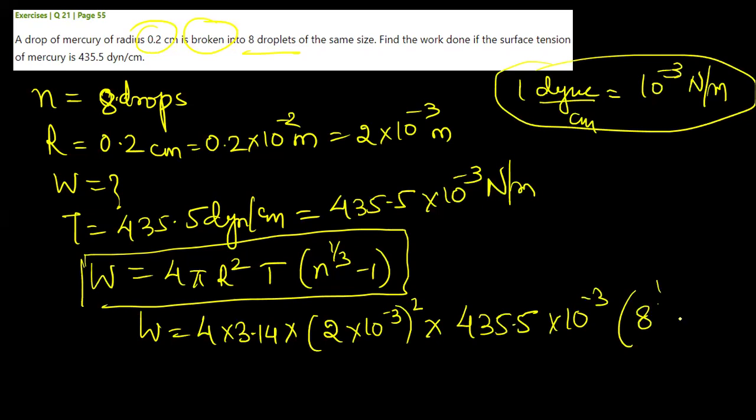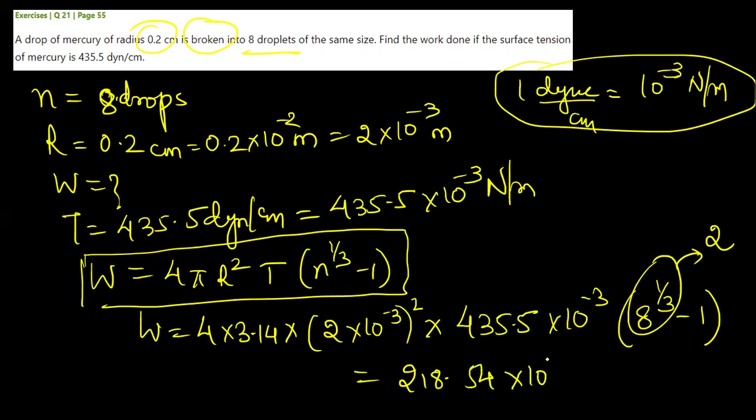The cube root of 8 is 2. Remember 8 raised to 1 by 3, if you solve this, the cube root of 8 is 2. So 2 minus 1. When you solve this, you get the final answer as 218.54 into 10 raised to minus 7 joule. That is your final answer.